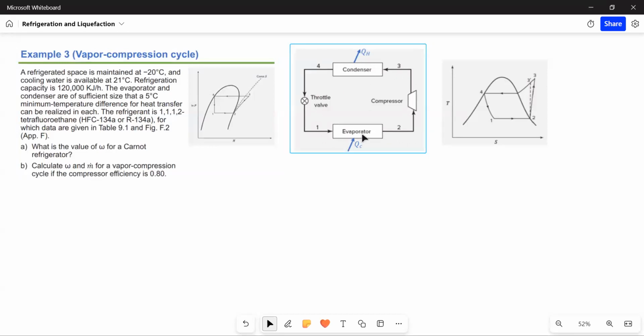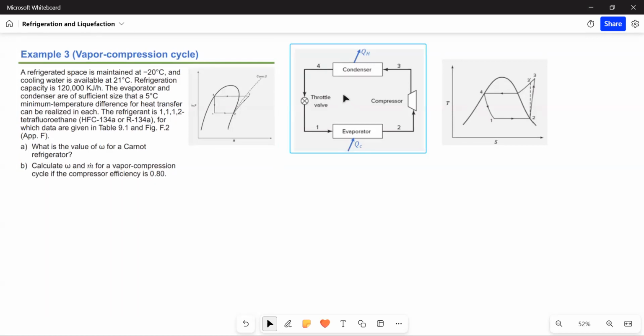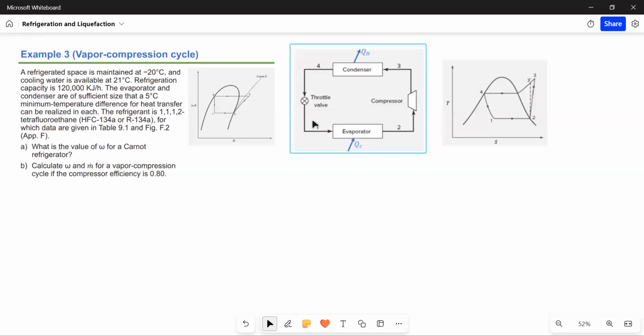So let's draw the diagram. If it's a vapor compression cycle, it wasn't said whether ordinary or standard. Let's assume in this step there's a throttle valve.